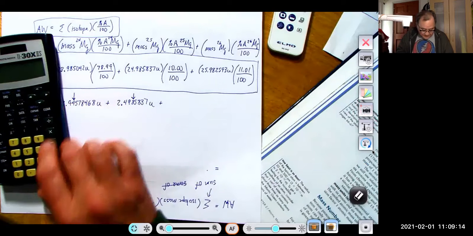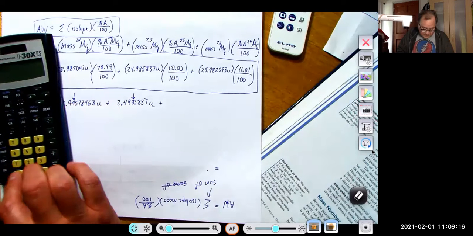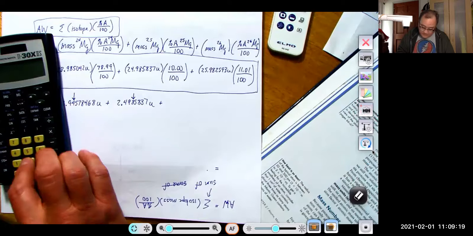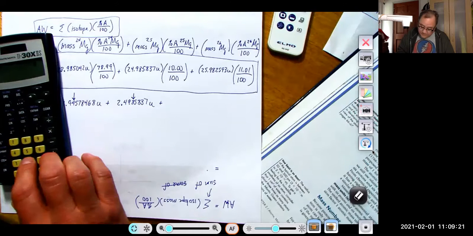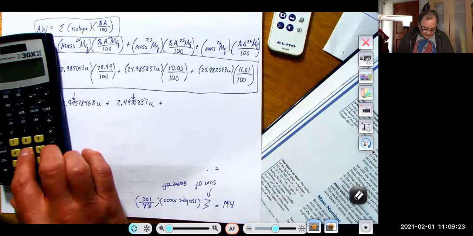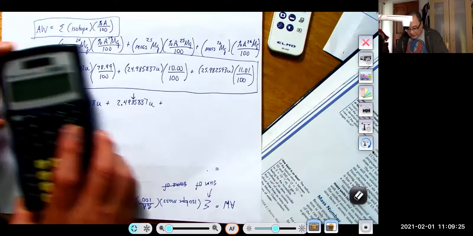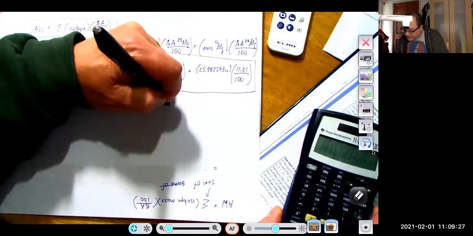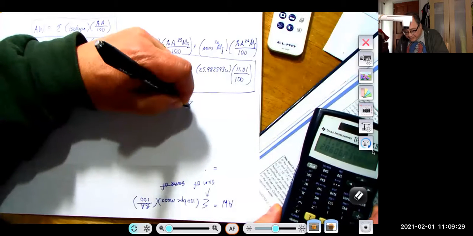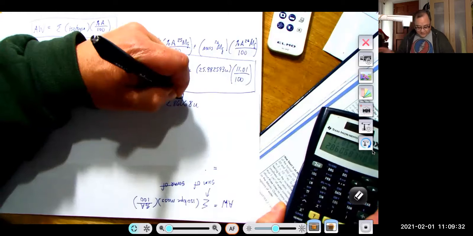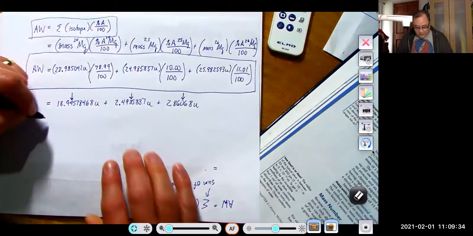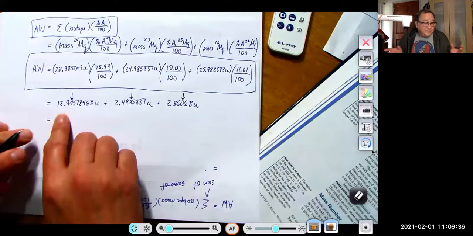Let's see what we get. So I get 2.86068 u, and this is good also to 4 significant figures. So I wouldn't expect to see this work.